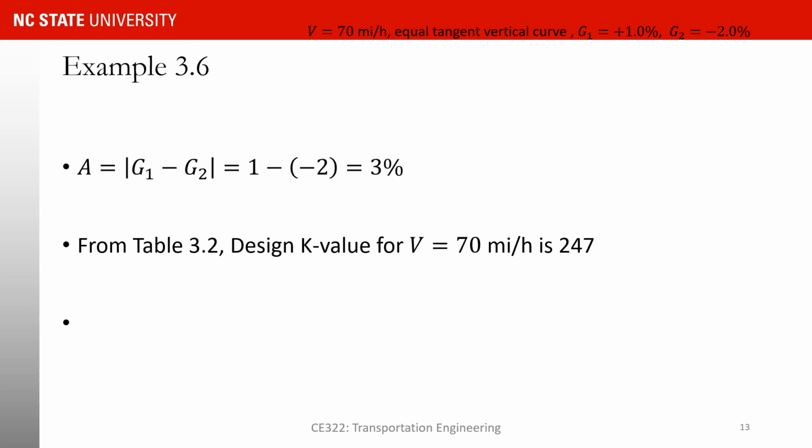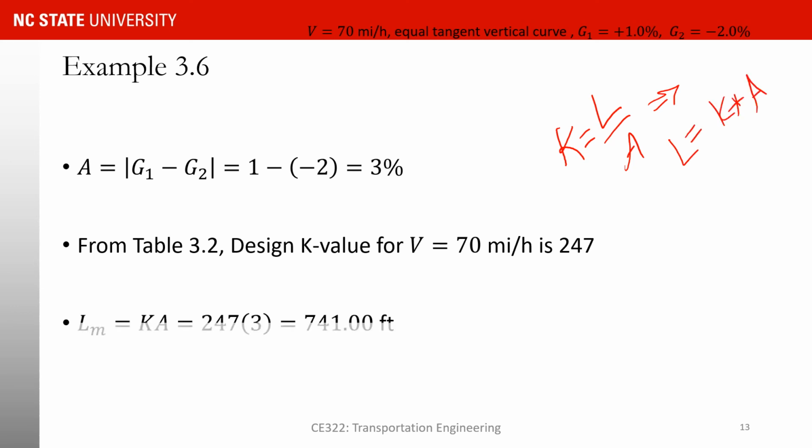And if you remember, K was equal to L over A. That means that L is equal to K multiplied by A. So that's what we do here to find the minimum length.